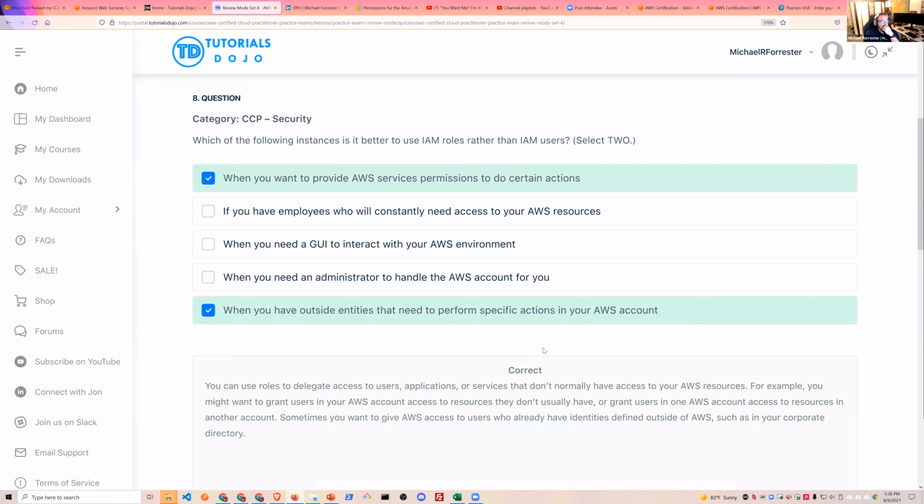Employees are permanent. The GUI is permanent, so you need a user to access the GUI. And the administrator handling the account is going to be a permanent user, so that's a user access code. So remember, roles are for granting temporary credentials. Roles to delegate.